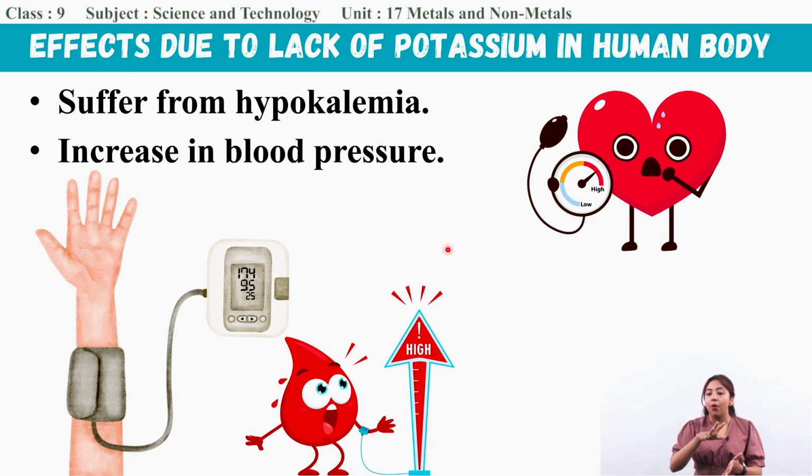Why? Because potassium helps to remove the excess sodium from the body. If the potassium is already in very little amount, it cannot excrete the high level of sodium in the body. And if there is a high level of sodium in the body, our blood pressure tends to rise. So if we have a lack of potassium, our blood pressure usually increases.